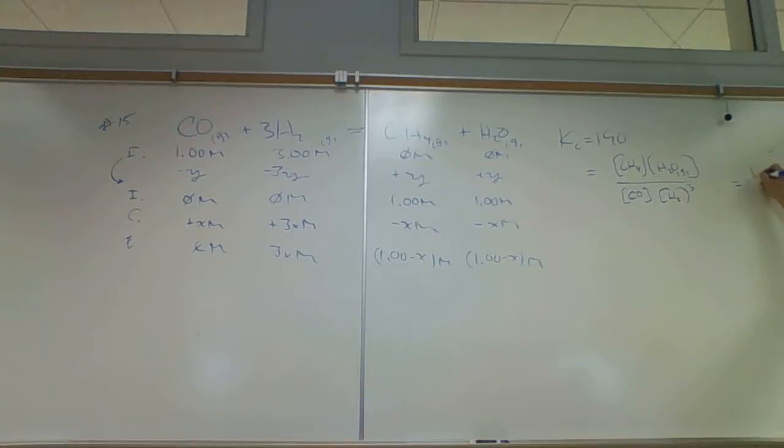And so on the top, I'm going to just simplify it right off. We're going to get 1.00 minus x squared divided by x times 3x to the third power. Okay, doing some further simplification, this is going to be 1.00 minus x squared over 3 cubed, which is 27, x to the fourth.